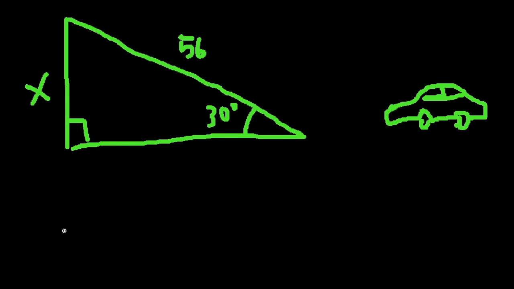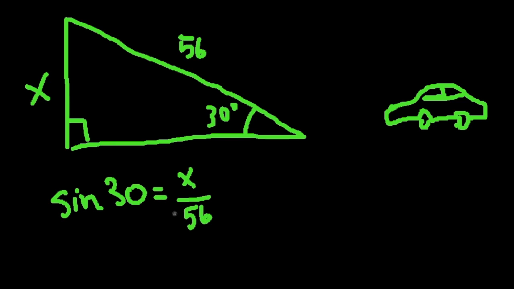Okay, so we will go ahead and, as we did in the last example, it was a sine function as well, and it just so happens this is a sine function as well. So we will go sine of 30 degrees equals x over 56, looking very familiar to what we did earlier.